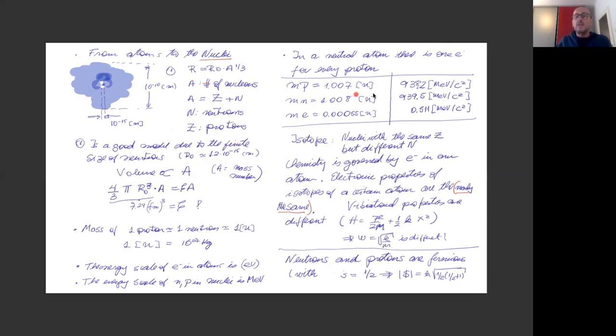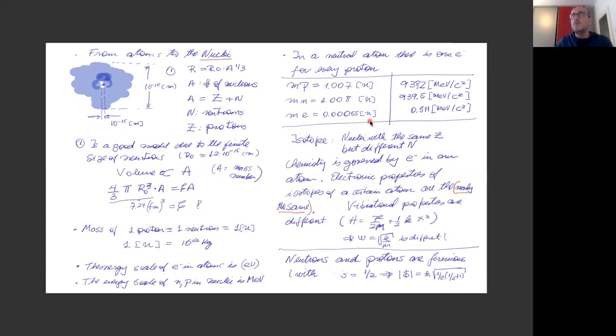So in terms of units, again, the mass of the proton is almost 1 atomic mass unit. The mass of the neutron is almost 1 atomic mass unit too, but it's a little heavier than the proton, meaning the proton is low mass, and the neutron is a little bit higher mass. And then there is the electron, which has a mass of 511 keV.